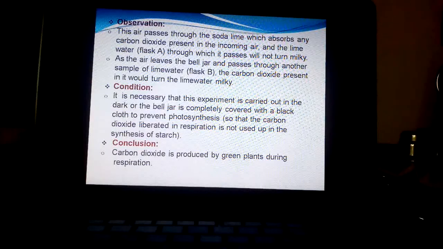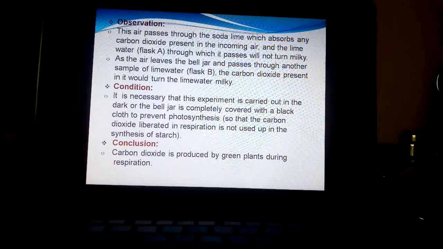So here, one more important precaution you have to take is that this experiment always must be conducted in the dark, or the bell jar must be completely covered by a piece of black cloth. Why? To prevent photosynthesis. In our previous unit, you have learned photosynthesis is opposite to respiration, isn't it? So it takes the carbon dioxide which is liberated and also leaves some oxygen.